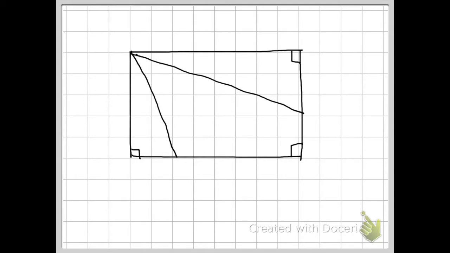This diagonal up here we're going to say is 30 degrees. And this diagonal here we'll say is 40 degrees, and we want to find the measure of angle C. Okay.